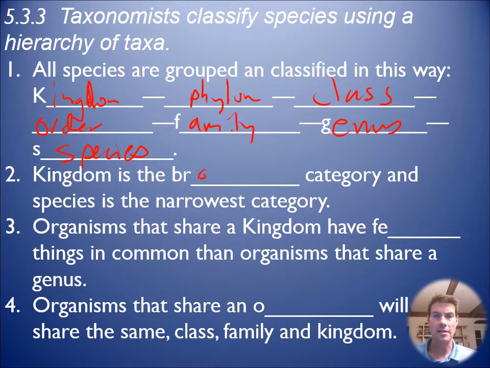And kingdom is the broadest. So we're in the animal kingdom, so we share that kingdom with lots of different things, from birds to cats to worms to insects. We're all very different, but we're all categorized as animals because of the way our cells are shaped.